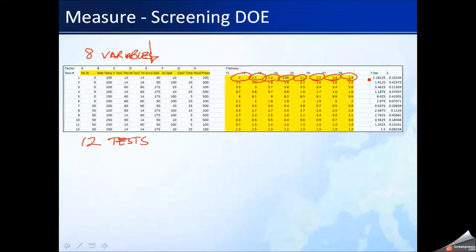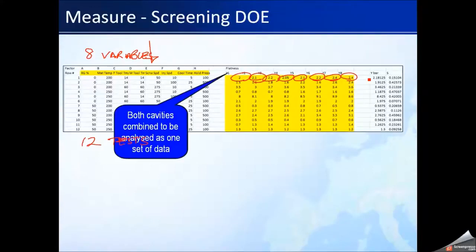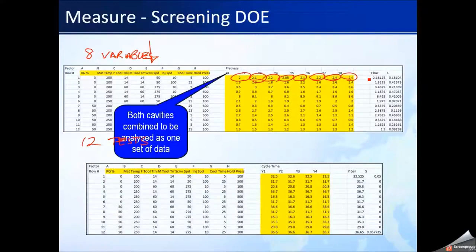We've collected data on flatness because that's the area where we've got to understand how to get a flat part. Both cavities have been put together, as you see there. And we've also collected data at the same time on the cycle time.